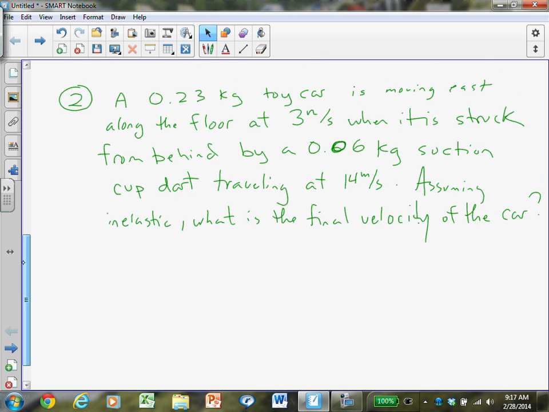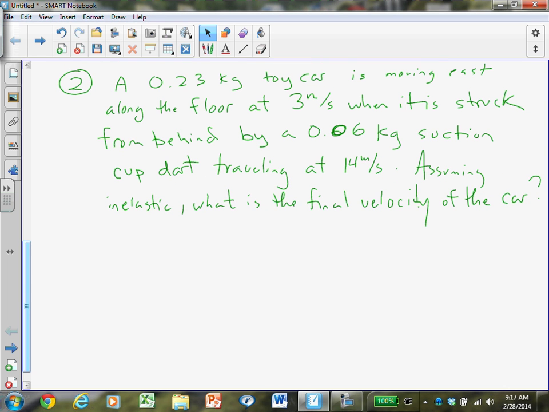Okay, so now, what's my first step with problems like this? Draw a picture, right? So, the toy car is moving east, like so.